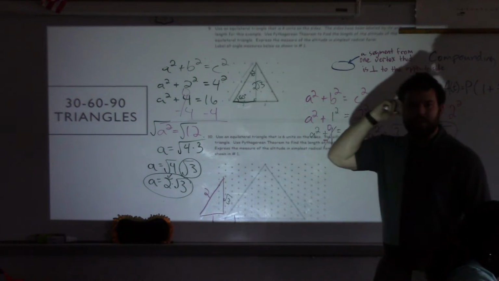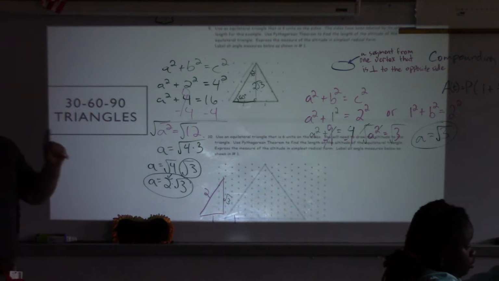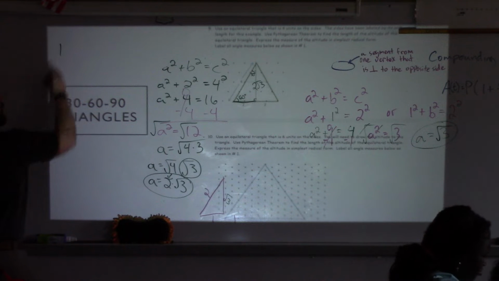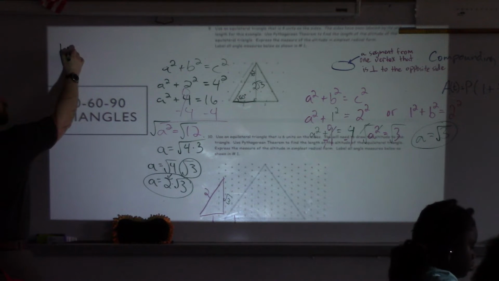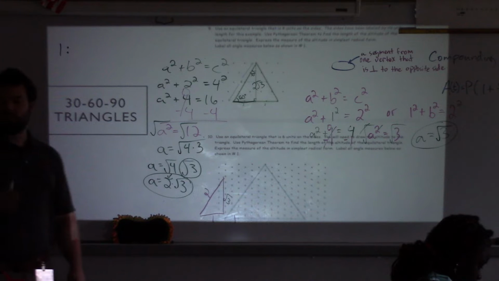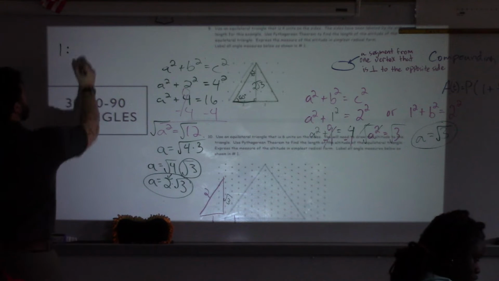Hey, really quickly, what was the ratio for our first 30, 60, 90? What was the short side? 1. And then the altitude was? Y'all look at number 8. What was the altitude at number 8? The square root of 3.